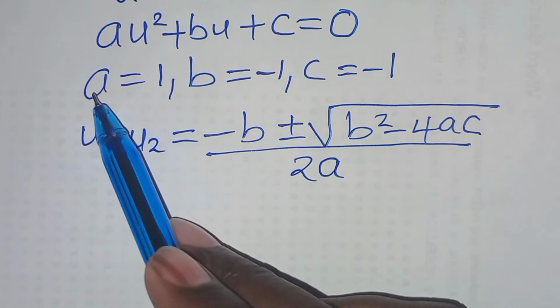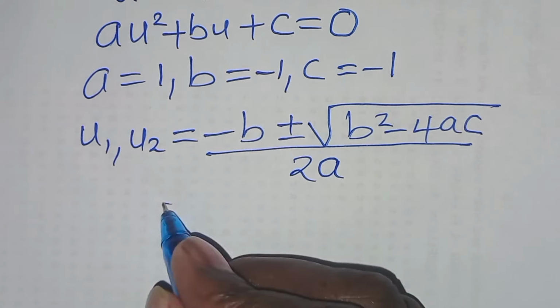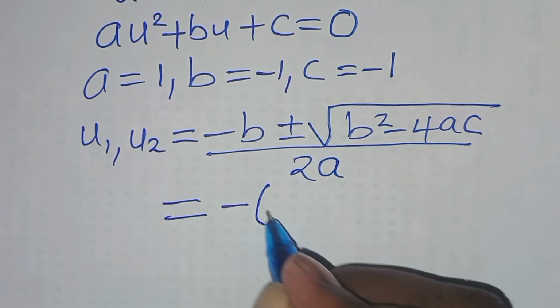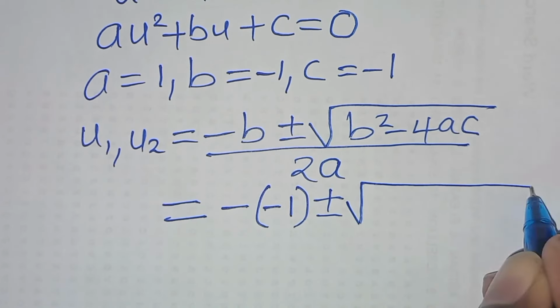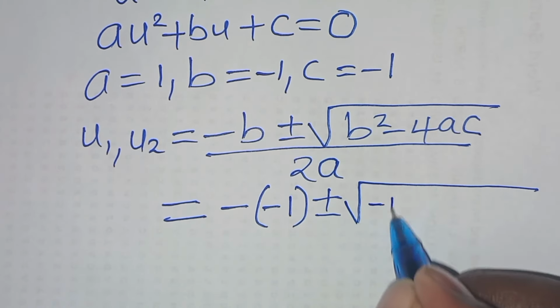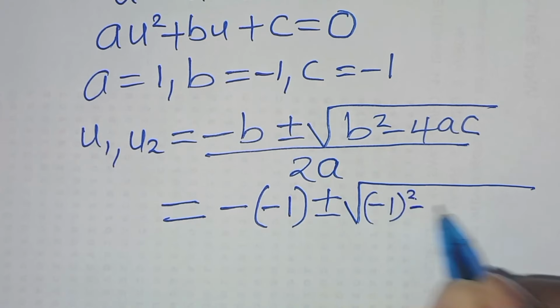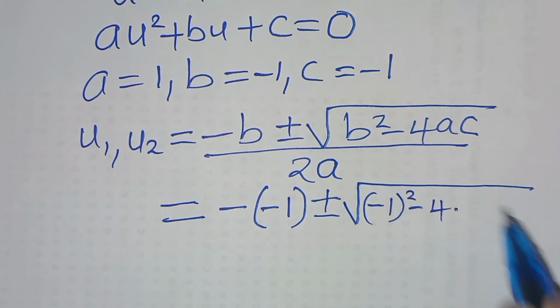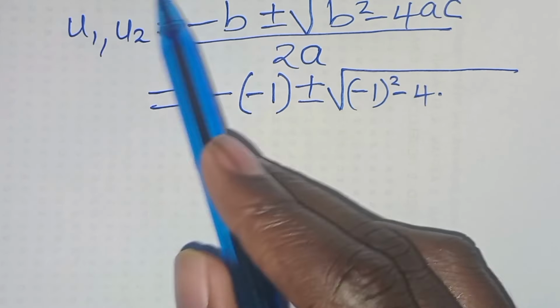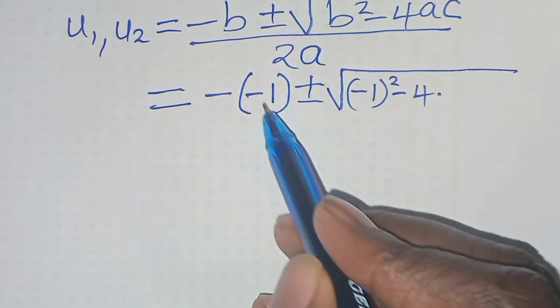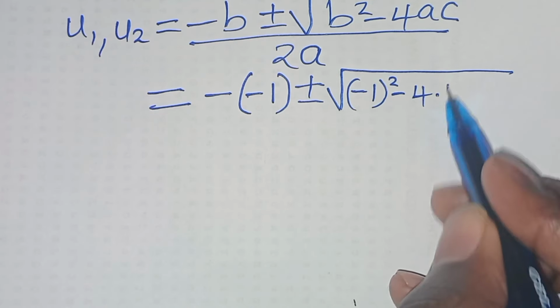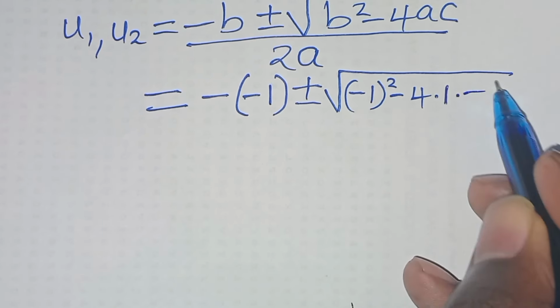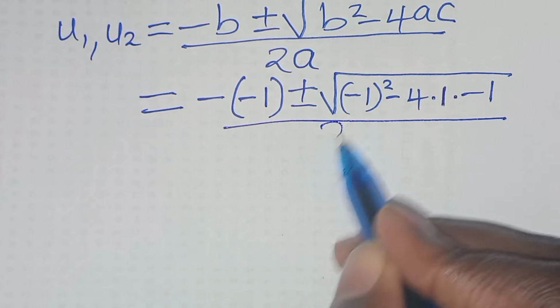Let's substitute the values of a, b, and c so that here we have minus -1 plus or minus the square root of -1 squared minus 4 times 1 times c, which is -1, over 2.